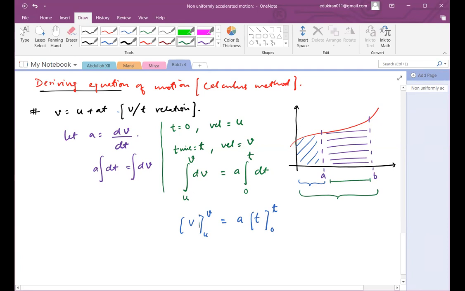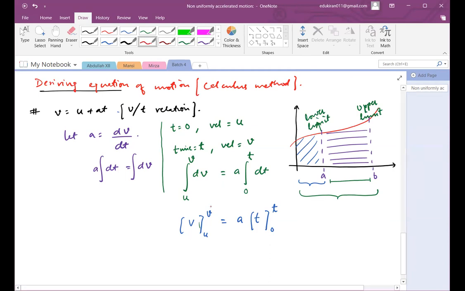So in this part, we have to define velocity between any two intervals. This term is termed the upper limit, and this is called the lower limit. Using the graph, this will be termed the lower limit, and this will be termed the upper limit.